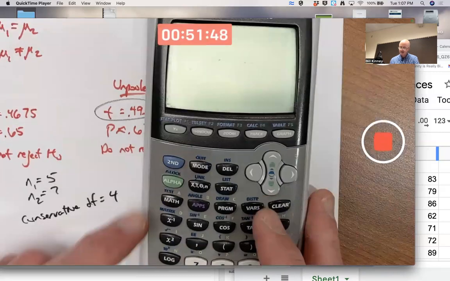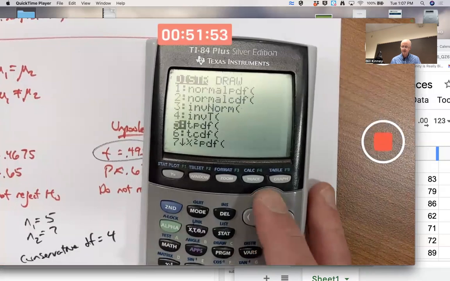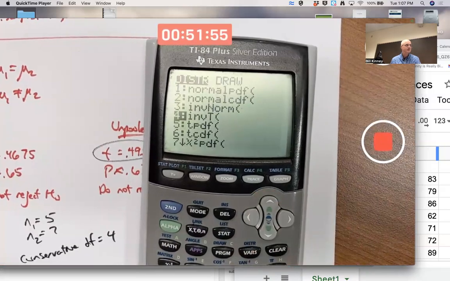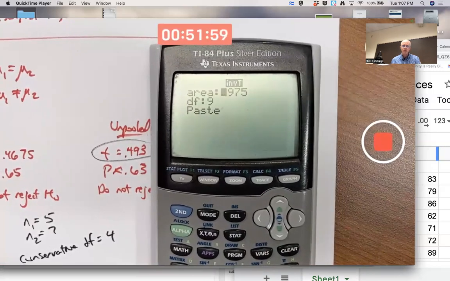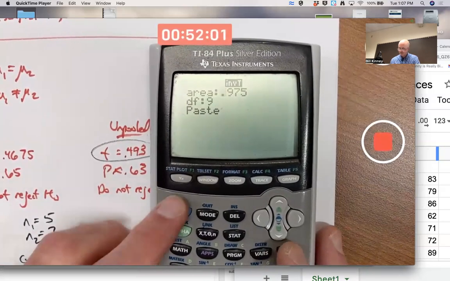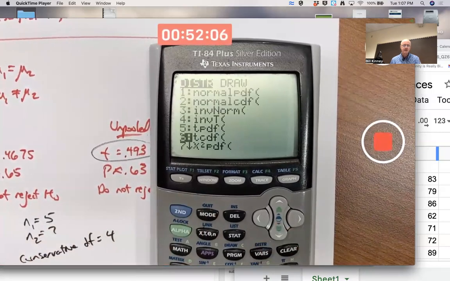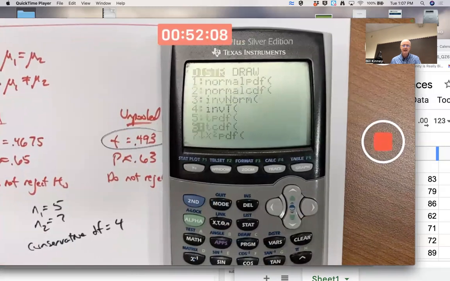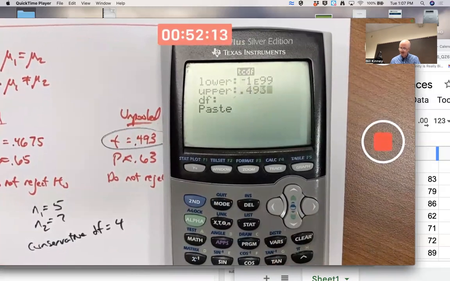I'd have to go to my distribution menu and go to tcdf, excuse me. tcdf, what's the area to the left of 0.493 when there's 4 degrees of freedom? It's going to be bigger than 0.5.